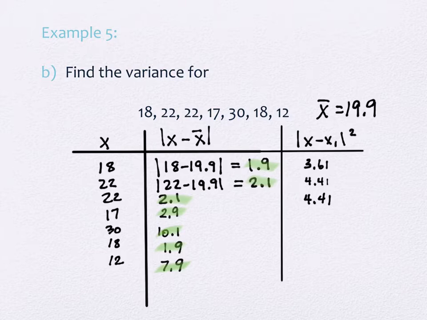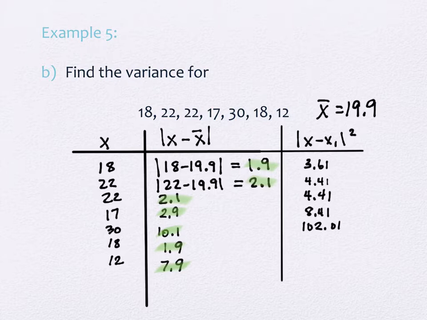And then we have, my lines are a little bit off. Let me slide that up a little bit. I have 2.9 squared, so 8.41. I have 10.1 squared. That one's going to be quite a bit larger than the other ones. 102.01.